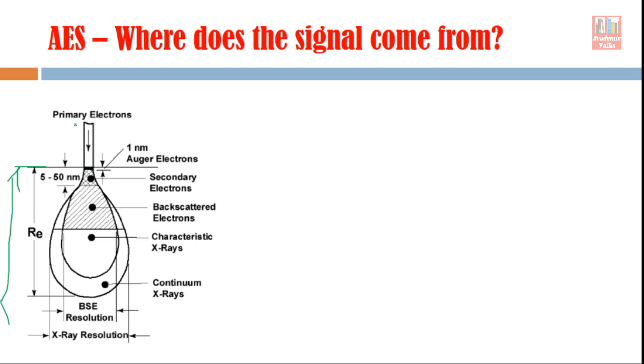So if the incoming electron is very highly energetic, and if it is able to reach the interior part like 5 to 50 nanometer depth or more than 50 nanometer depth, then it is possible that it will produce secondary electrons or backscattered electrons, but these electrons are used in scanning electron microscope.